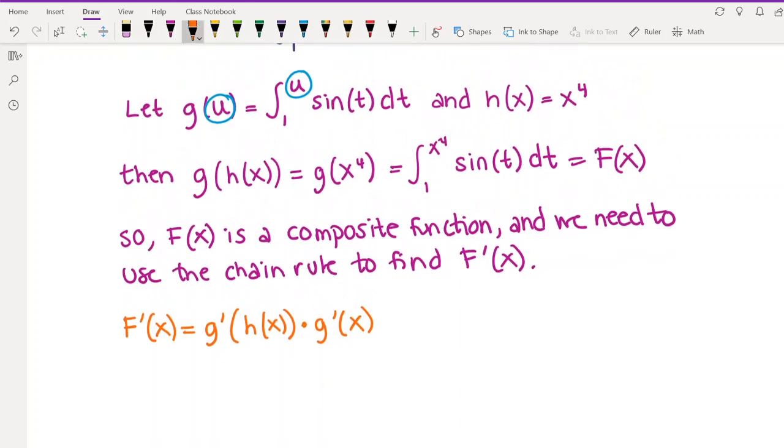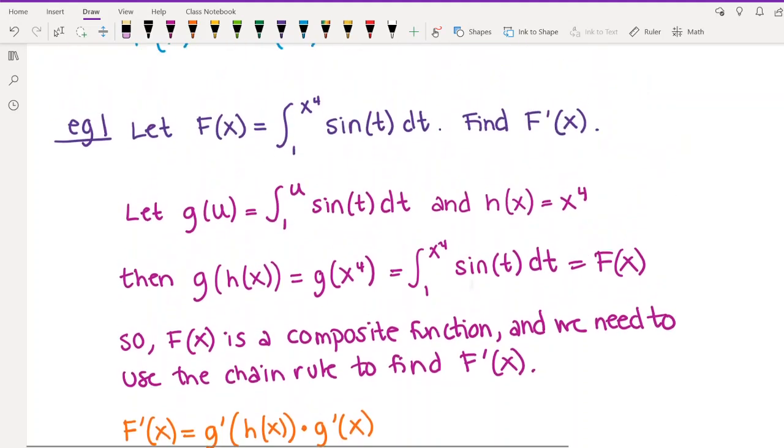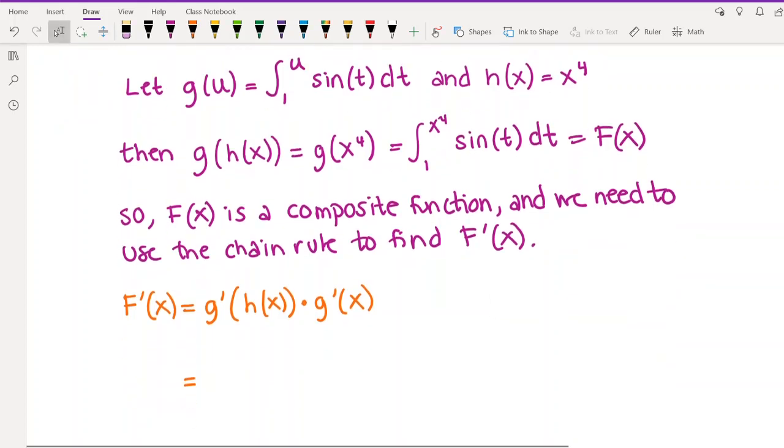So g of u is just a normal area function, where we just have a u instead of an x. And so to find g prime of u, we're just going to use regular plain old FTC1, because g of u is just a normal area function. And so g prime of u is just going to be the integrand, like it's just going to be that inside function.